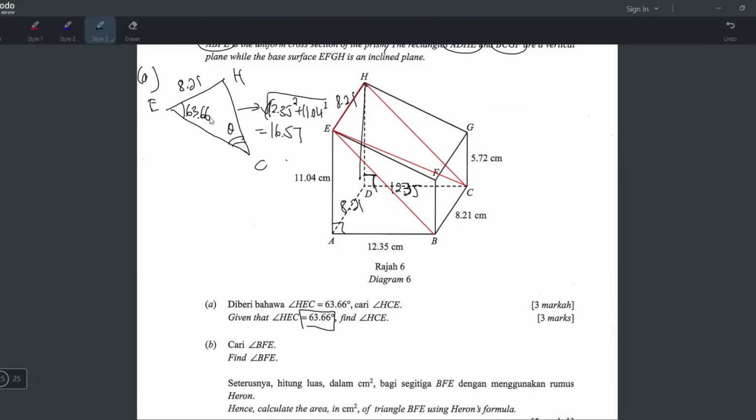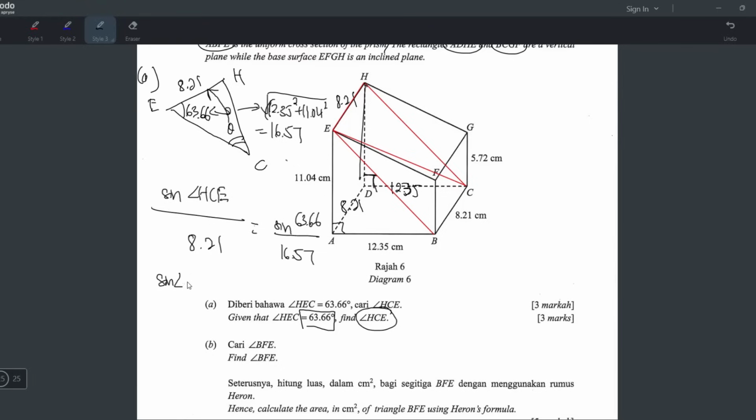Okay, after having this, now you can use sine rule already. Why can we use sine rule? Because you have the opposite of what you want and you have a complete pair. So just write sine theta, but I think it's better you write HCE. It's the same, HCE is the theta. Alright, sine HCE over 8.21 equals the complete pair, which is sine 63.66 over the side opposite, 16.66.